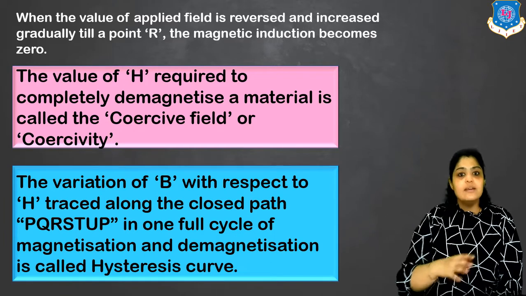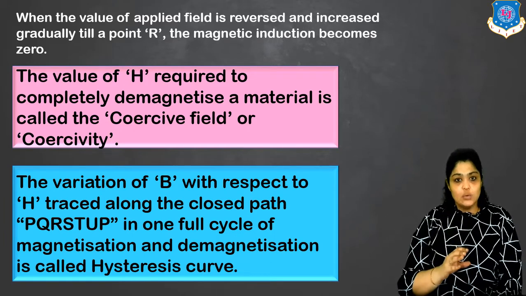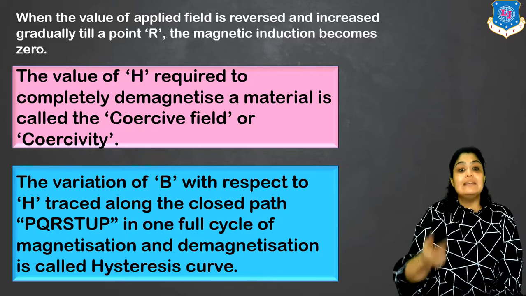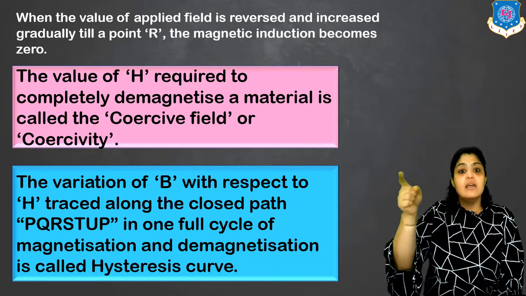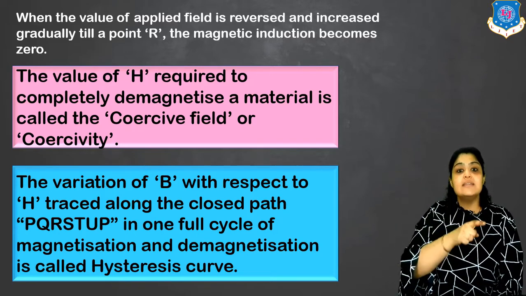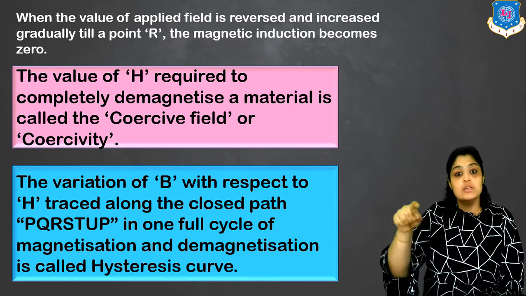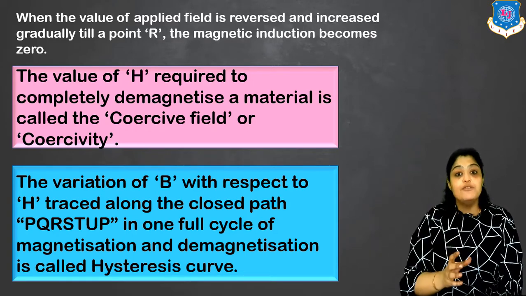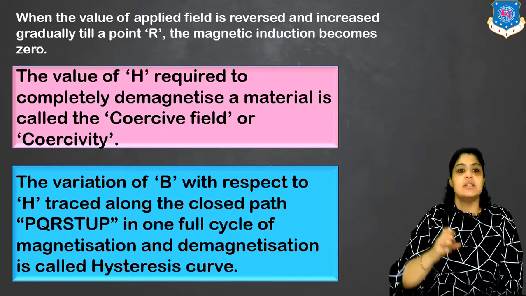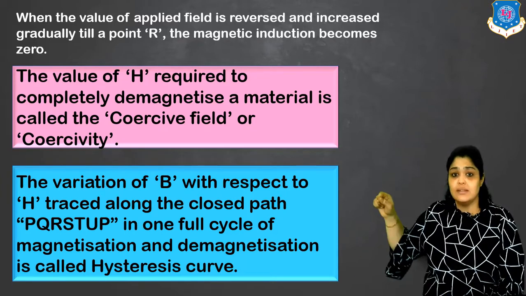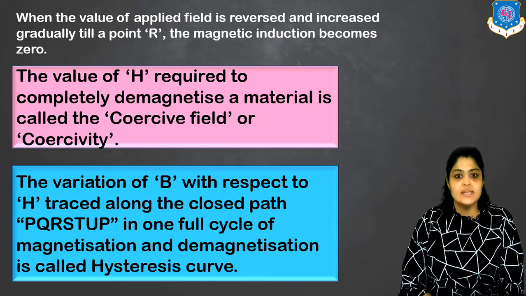This entire variation of B with respect to H, traced along the path P, Q, R, S, T, U and P, forms a closed loop. It is known as one full cycle of magnetization and demagnetization, and this is the meaning of the hysteresis curve.